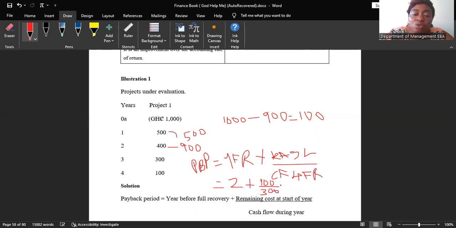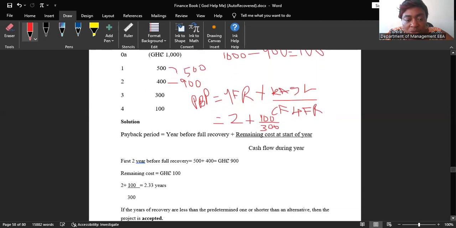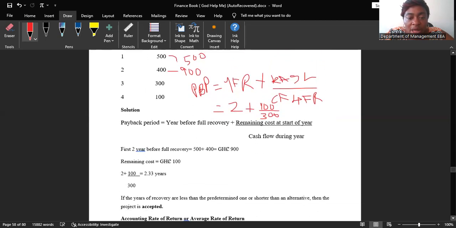All right. So this divided by this is 0.33. So it means at the end of the day we had 2.33 years.